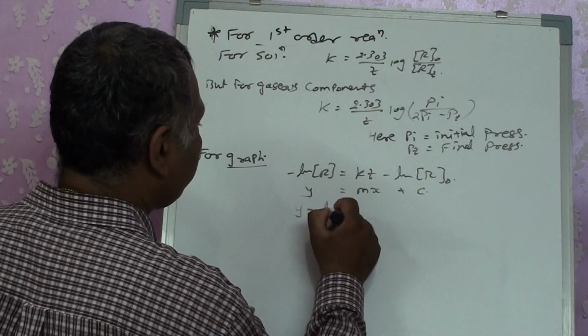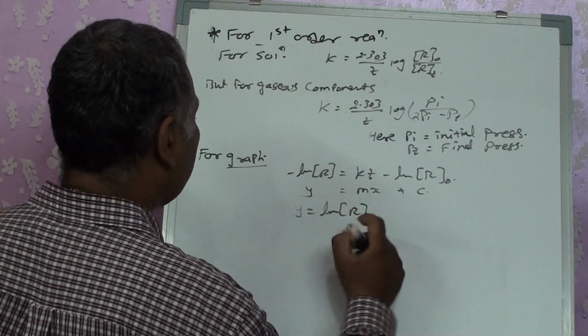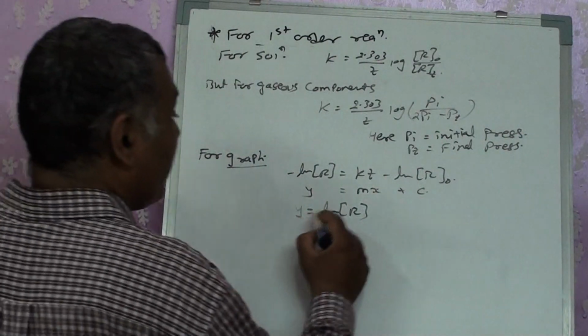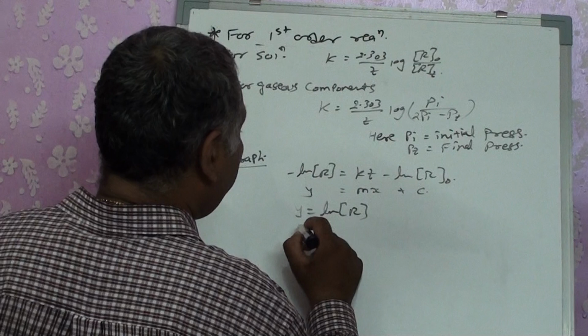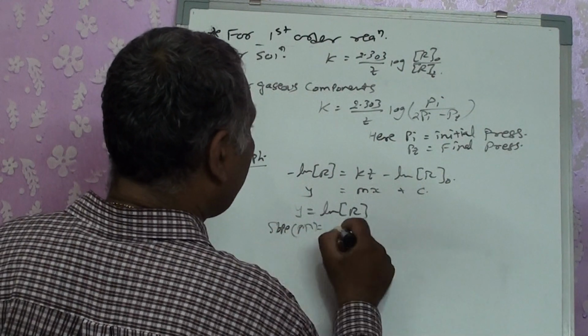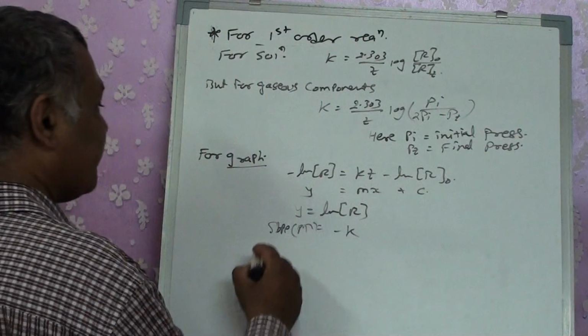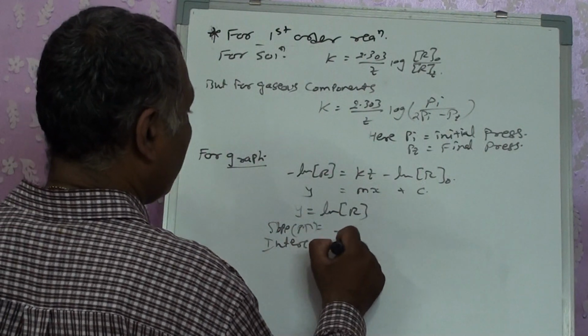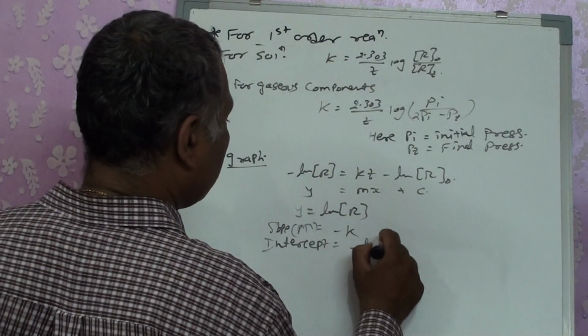Now, y is equals to ln R, m, that is slope, we are going to get as minus k. Intercept, we are going to get as ln R naught.